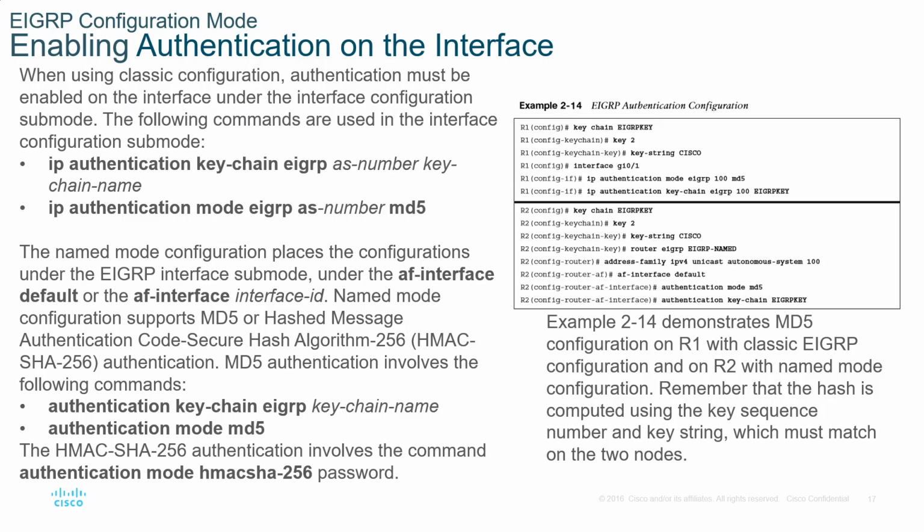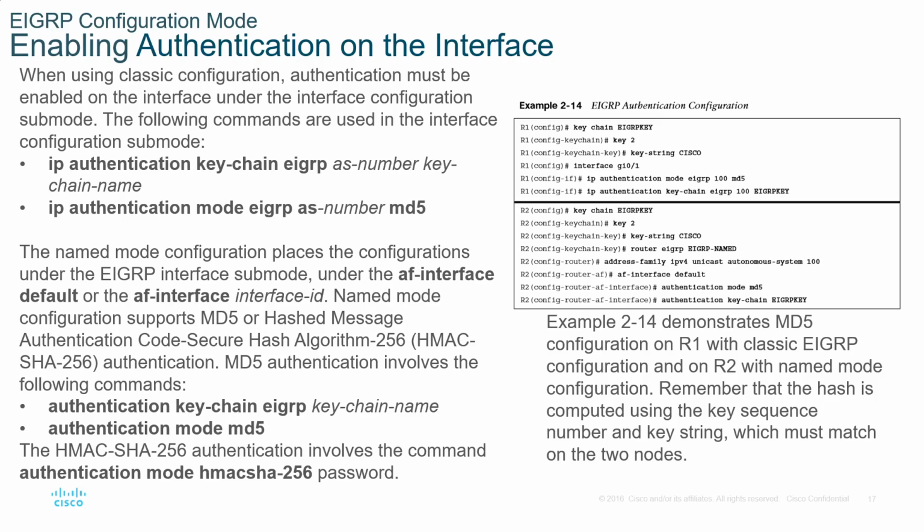So let's go through the process. So first step is creating that keychain. So the command in global config is keychain and then give it a name. Then you configure the keychain with a number. So this is saying key 2. Okay, let's go step by step.